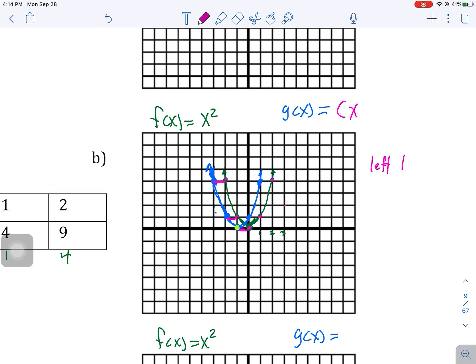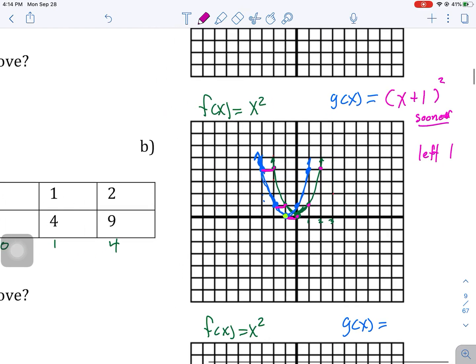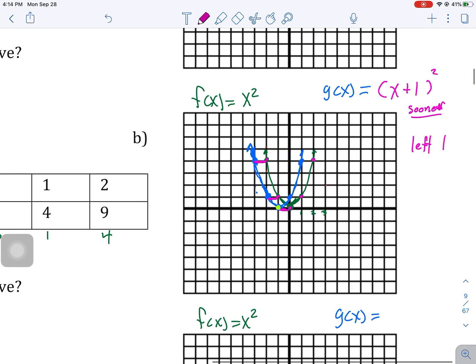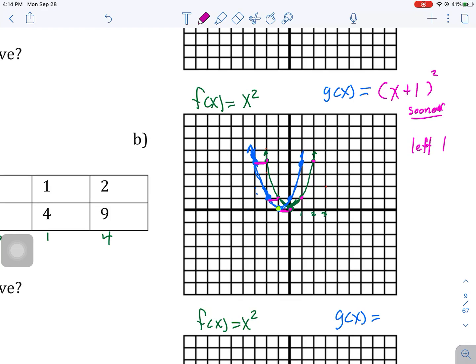This one is going to still be x squared, but you're going to say x plus 1. And that's because it happens sooner. If you add 1, the whole pattern starts 1 sooner, and that's why it's x plus 1 is to the left. And you can kind of see that.